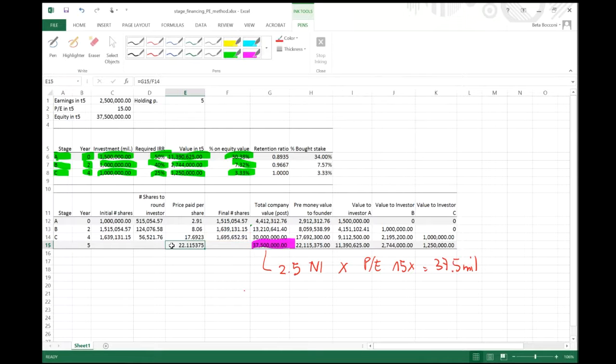So the implicit value of the shares in year number 5, if everything holds true, is 22.11.